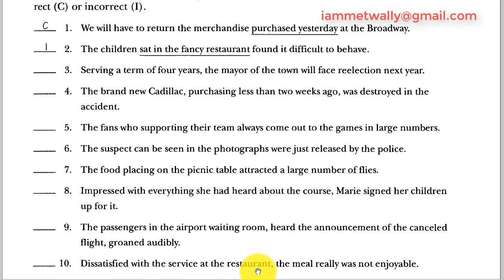10. Dissatisfied with the service at the restaurant, the meal really wasn't enjoyable. Dissatisfied with the service at the restaurant, this is the reduced moved adjective clause here. The meal is the subject, wasn't is the verb, but this clause should be talking about the meal. How on earth would a meal be dissatisfied? I have two options. Either to talk about myself, I say, dissatisfied with the service at the restaurant, I didn't like the meal.